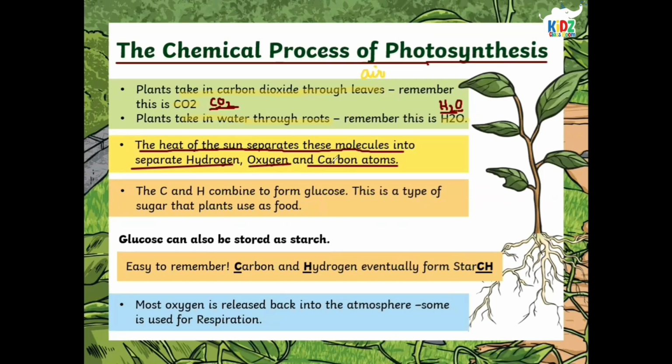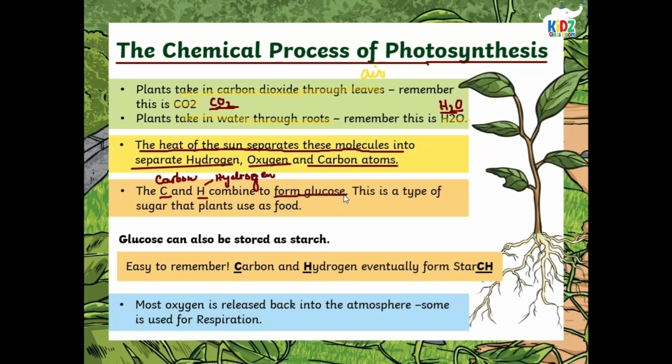We discussed it before. So now let's learn, why do we need these molecules to be broken down into atoms? The C and H mean carbon and hydrogen. These are the symbols that show carbon and hydrogen. When we break down these molecules of carbon dioxide and water into atoms, these atoms combine to form glucose.